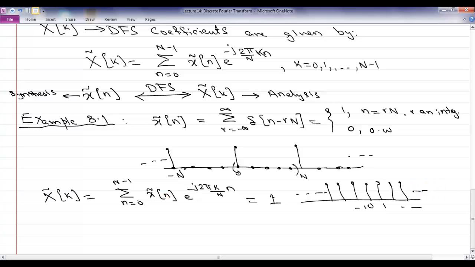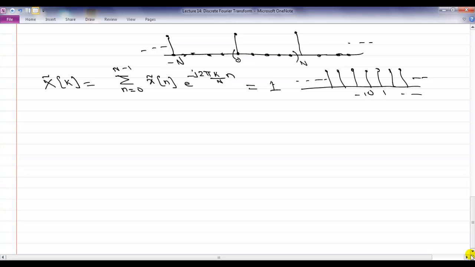So let's look at some properties of the discrete Fourier series, which are the same kind of properties that you have seen in other transforms and series. Most of them are pretty trivial.